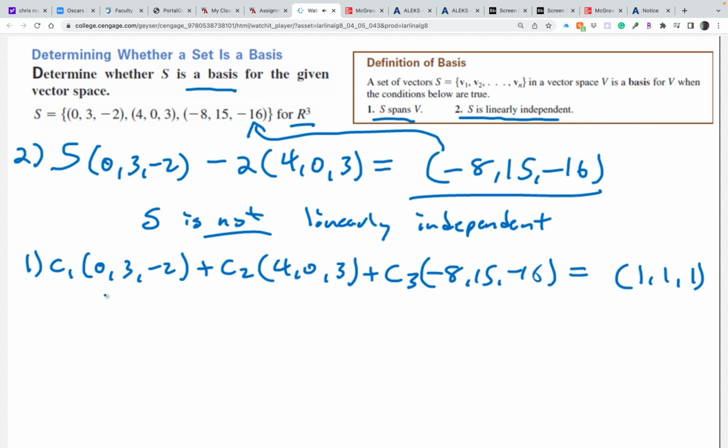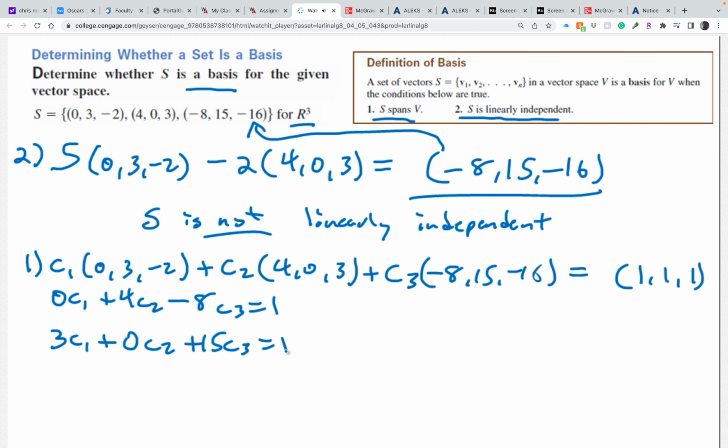So using this equation, we can get the following system. We'll get 0 C sub 1 plus 4 C sub 2 minus 8 C sub 3 equal to 1, and then 3 C sub 1 plus 0 C sub 2 plus 15 C sub 3 equal to 1, and finally negative 2 C sub 1 plus 3 C sub 2 minus 16 C sub 3 equal to 1.